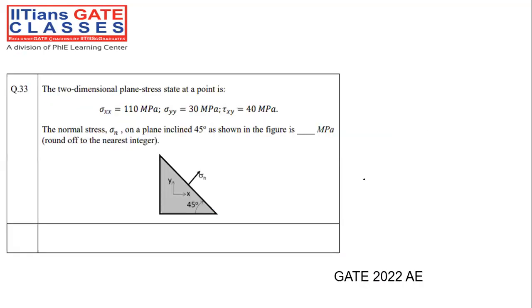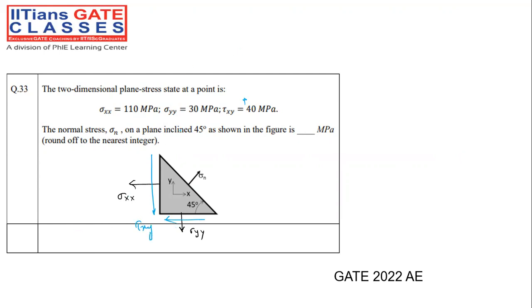Let's see one or two questions so we can get a grip on this particular topic. As you can see in this figure, the element is subjected to sigma xx, and subjected to sigma yy, and they have given tau xy, that is a positive value. What is the meaning of positive? They might be showing something like that, right?